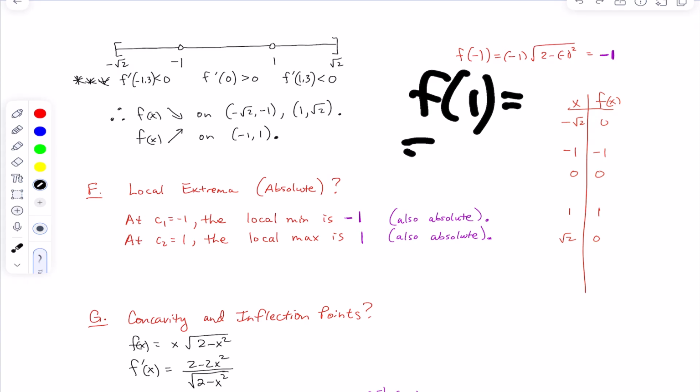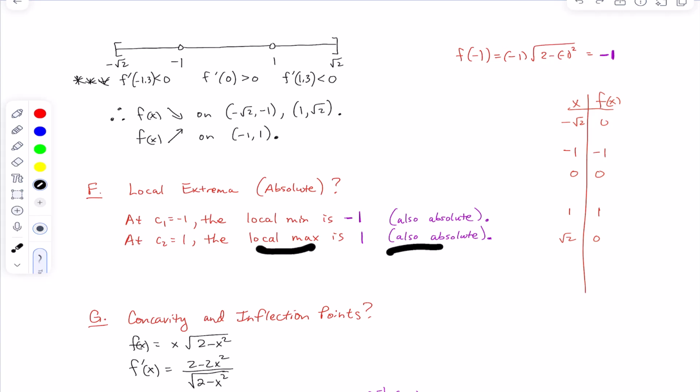If you evaluate that, you will get +1. Turns out the local min is also an absolute min, and the local max is also an absolute max. Just by analyzing the behavior of increasing and decreasing, and the fact that we're studying a closed interval.